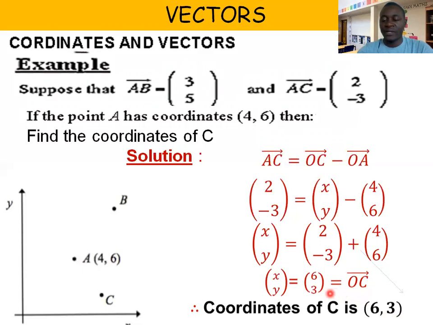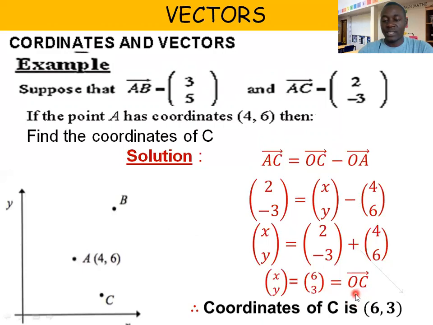Remember, if you have a position vector, you can easily transform the position vector to a coordinate point. If I have a coordinate point, I can easily transform the coordinate point to a position vector. We have been able to establish the simplicity in writing position vectors out of coordinate points and writing coordinate points out of position vectors, as we have in our final workings for the two examples last observed.